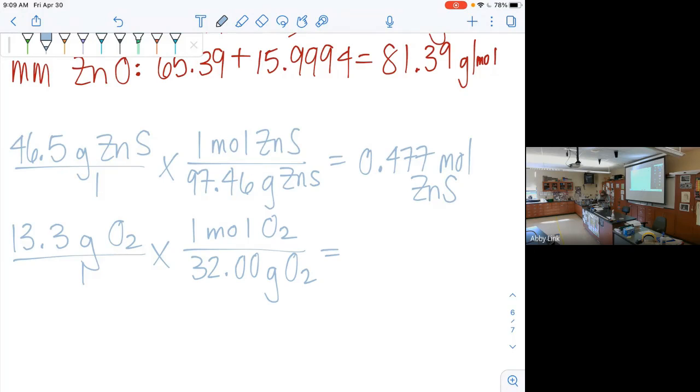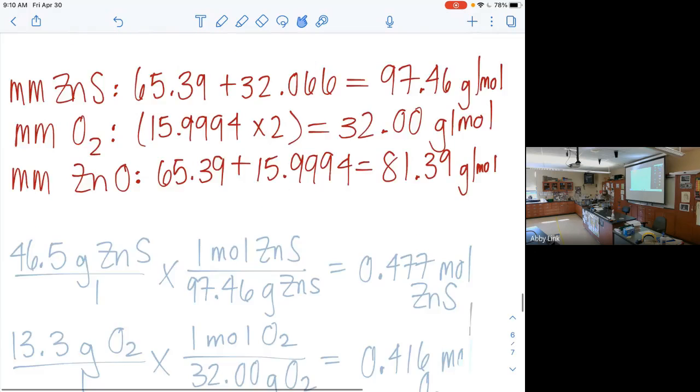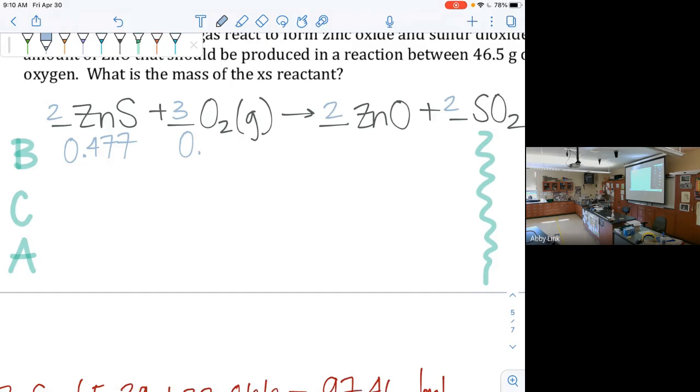And 3 sig figs again, we end up with 0.416 moles of O2. All right, so that's our value for oxygen, so let's put that in there. And we begin with 0 moles of zinc oxide.